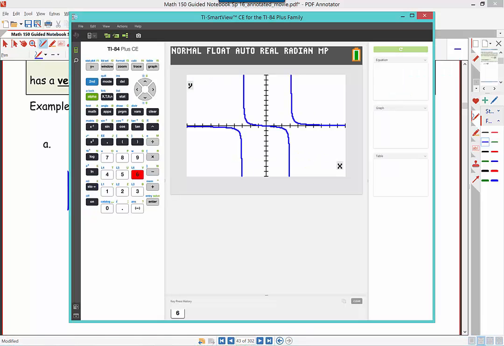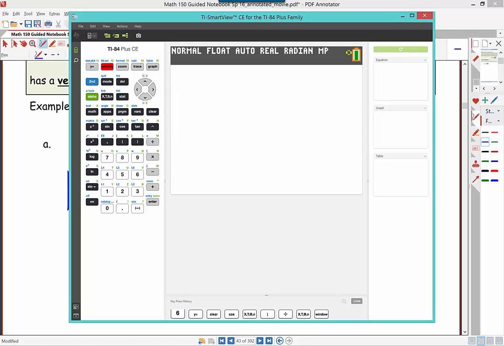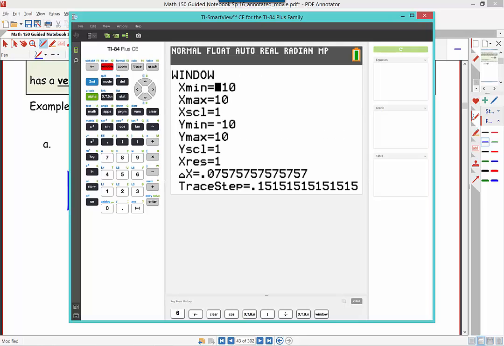So if we go back to our y equals, let's put our window really close to 0.